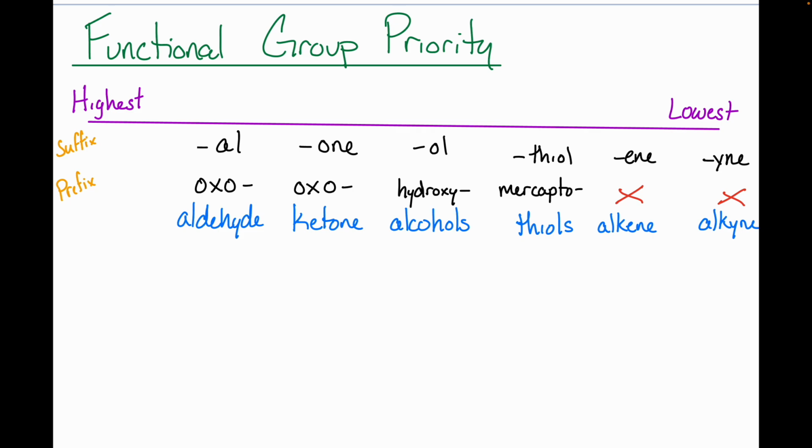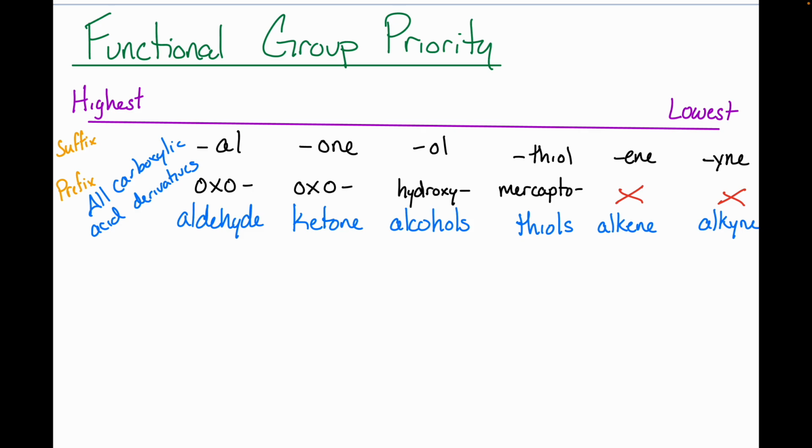So we're just going to make a note here that all of our carboxylic acid derivatives are higher priority than any other functional group that we've studied up until this point. And we're not going to find a molecule that has a mixture of an amide and an ester or something like that.